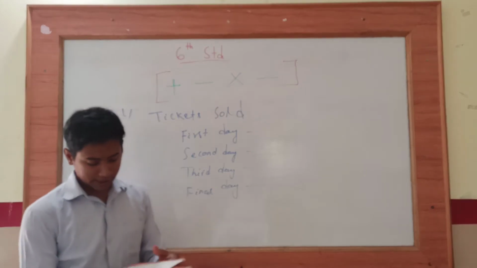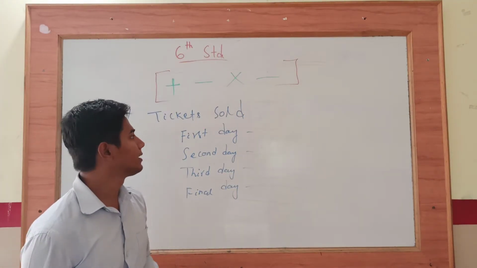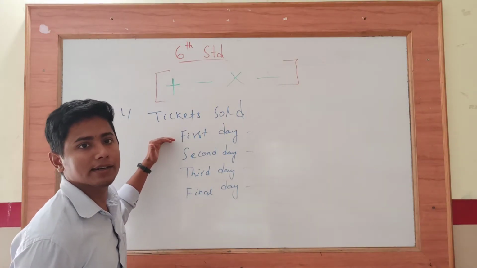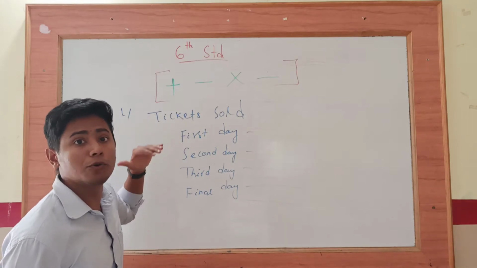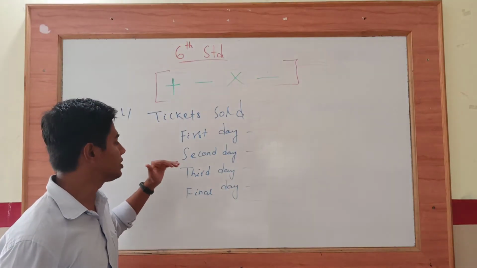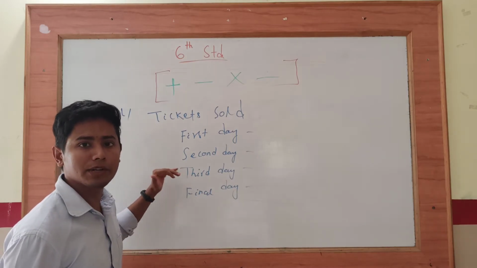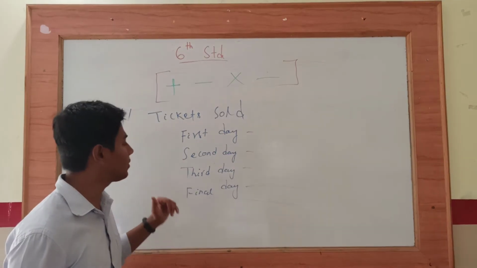Understood? Here it is written respectively. Respectively means the first number belongs to the first day, the second number belongs to the second day, the third number belongs to the third day, and the last number belongs to the final day.